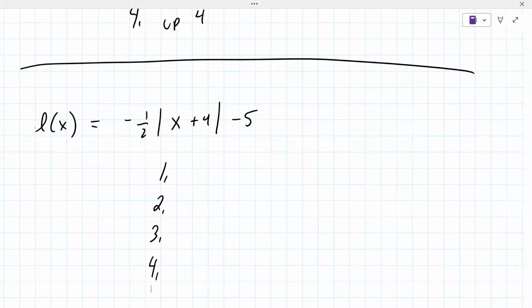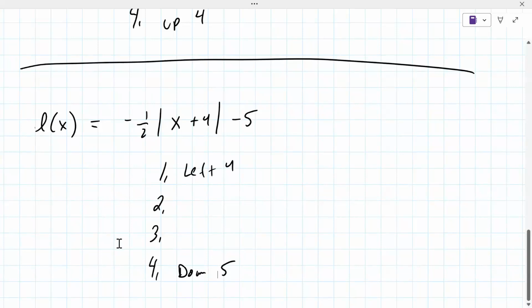Left 4, down 5. So the order matters, and I'm not really emphasizing that. I don't know if they do in your school. I don't think they do, but really the order does matter. That's the last one, down five. These next two are interchangeable, but they come from this here.